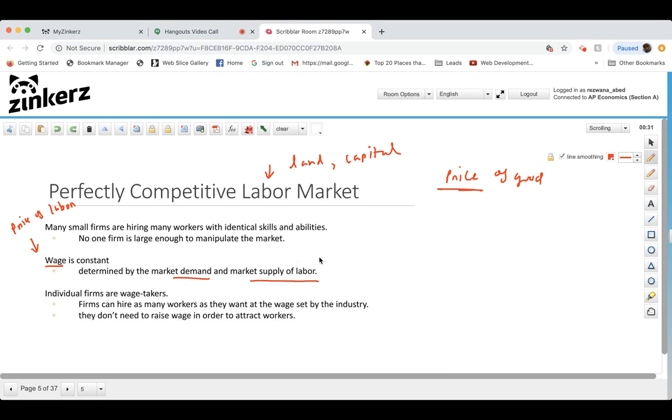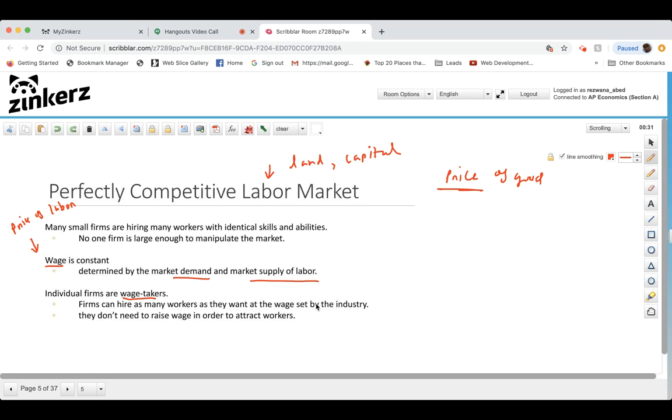So whatever is determined as the wage in the market, the farm must pay its hired workers the market wage. That's why we say that individual farms in this perfectly competitive labor market are wage takers. They can hire as many workers as they want at the market wage that was set by the forces of demand and supply.